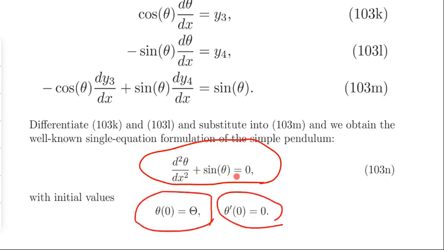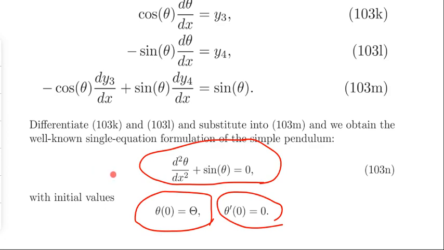Our ordinary differential equation will be second order, because the highest derivative in our equation is 2, and for a second order equation we will have two initial conditions: theta of t equals capital Theta, theta prime of t equals 0.